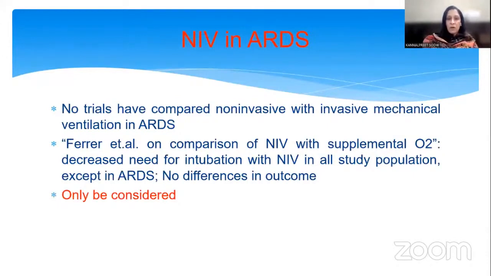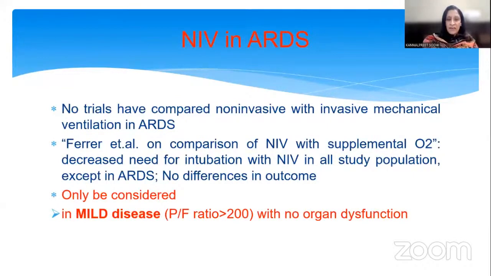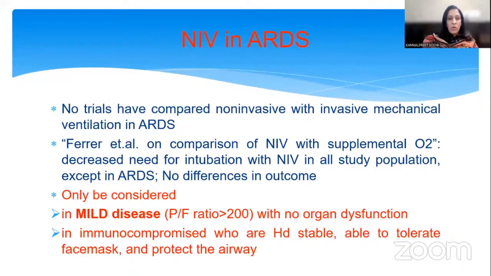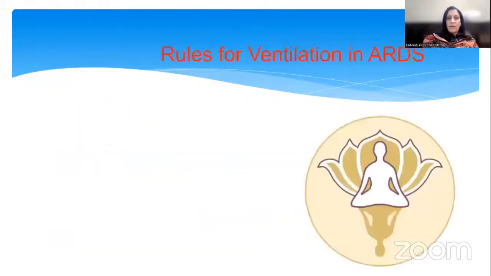So NIV as of now is only to be considered in mild ARDS with PF ratios of more than 200, with no associated organ dysfunction, and in immunocompromised patients, especially patients who are hemodynamically stable and able to tolerate the face mask and protect the airways.